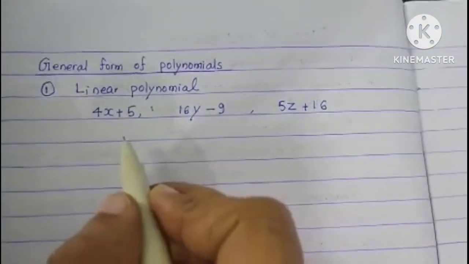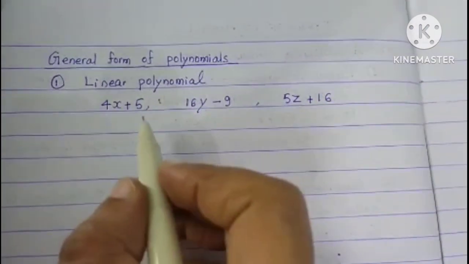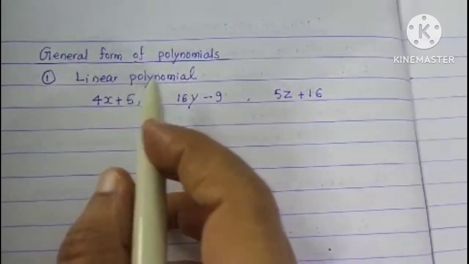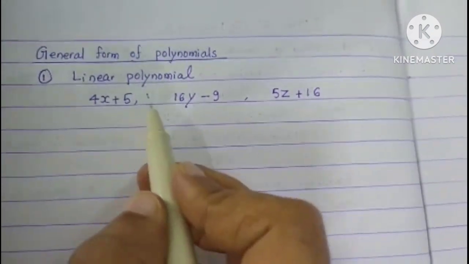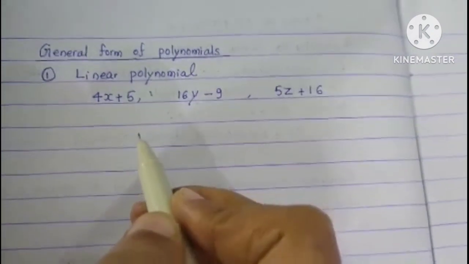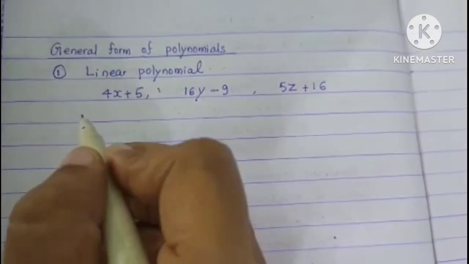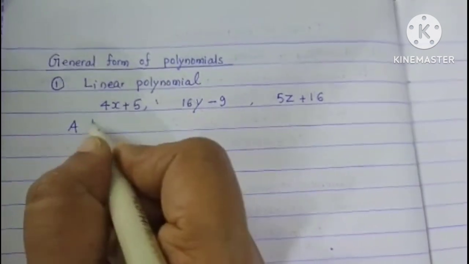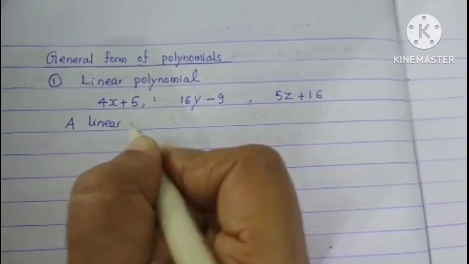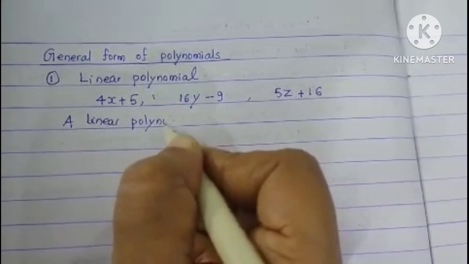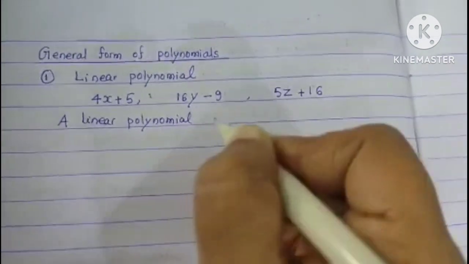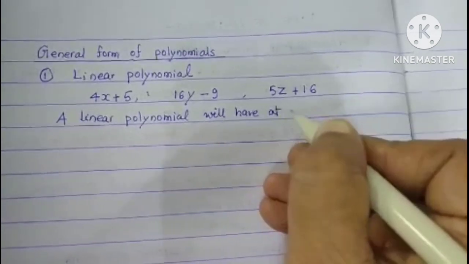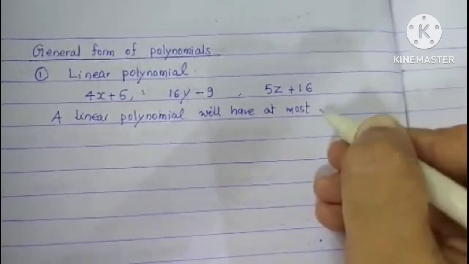But when you notice, you will get to know that you cannot write more than 2 terms. You cannot write a linear polynomial having more than 2 terms. So a linear polynomial will have at most 2 terms.